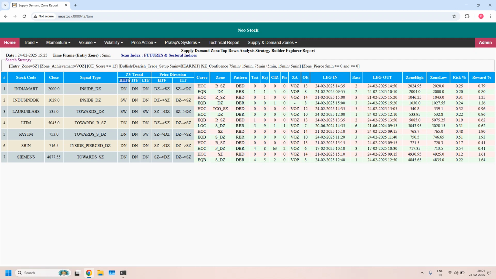And that 75 minute supply zone HTF trend is a downtrend in all the stocks except 2, second and third are sideways. So we have to ignore. And if for the remaining stocks, 75 minute supply zones are having daily EMA confluence, then these 5 minute supply zones might have even more probability of success.